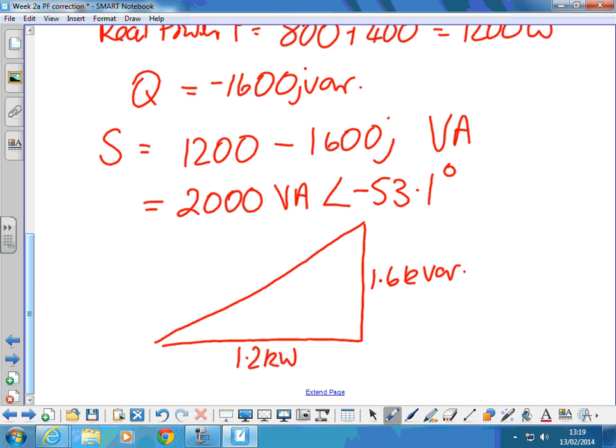Yeah, and we've got 2k VA, and in there we've got an angle of minus 53.1 degrees. So that's where we are with this circuit at this moment in time.